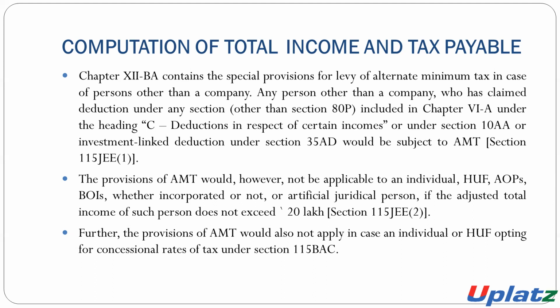It means the provision of AMT will not be applicable if the total income of such an individual, AOP or BOI is not more than 20 lakh. If it is more than 20 lakh, then the provision of AMT will be applicable.